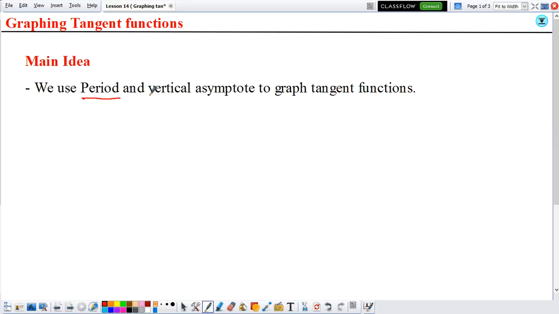And then we're going to find what is called a vertical asymptote. A vertical asymptote is basically just a line that is vertical. You can think of the vertical asymptote as some kind of a vertical border.